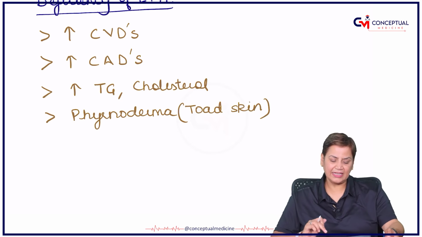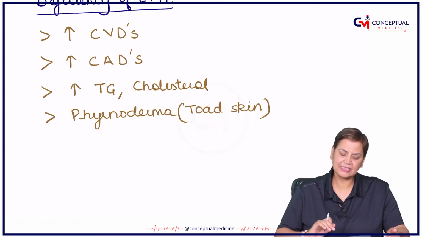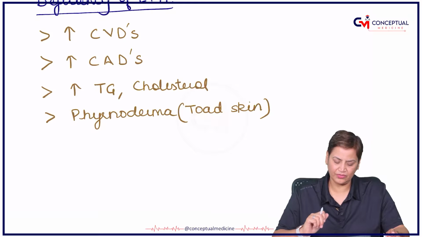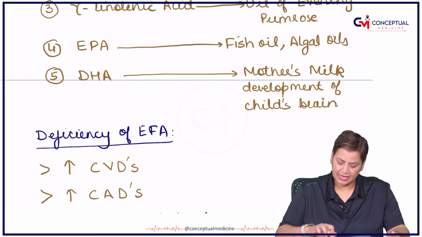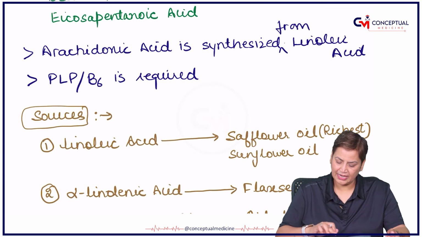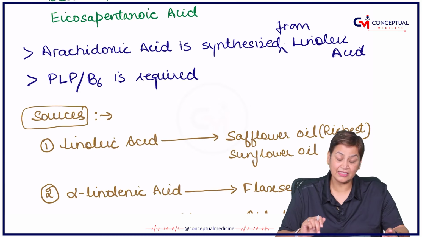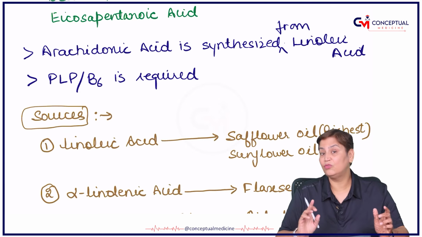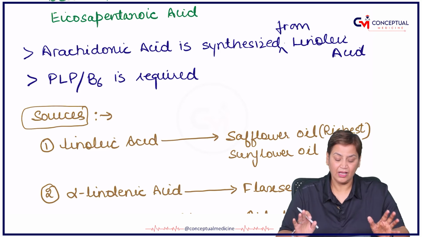So we can say that deficiency of these essential fatty acids will lead to these. So obviously they have to be provided in the diet. Right? So this is another way of classification of these. And one more thing: arachidonic acid is synthesized from linoleic acid, and arachidonic acid is responsible for the synthesis of prostaglandins.